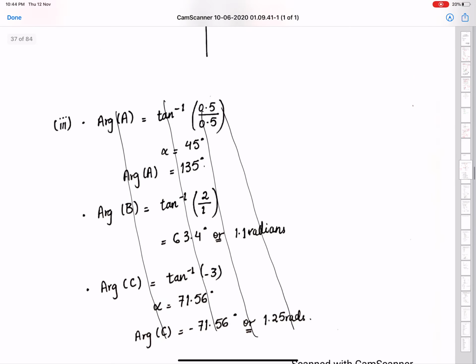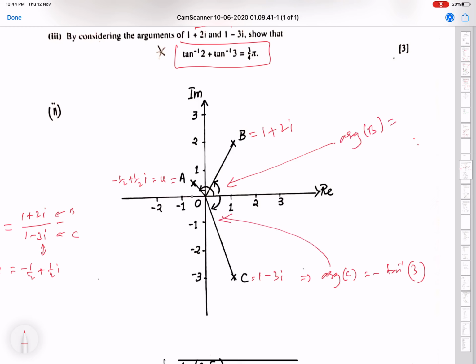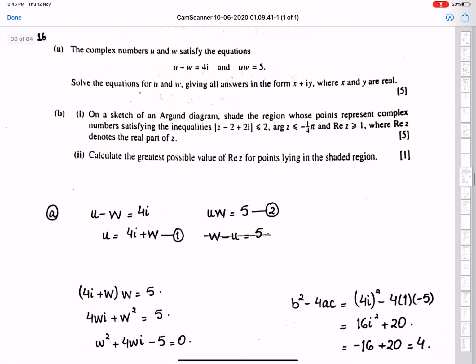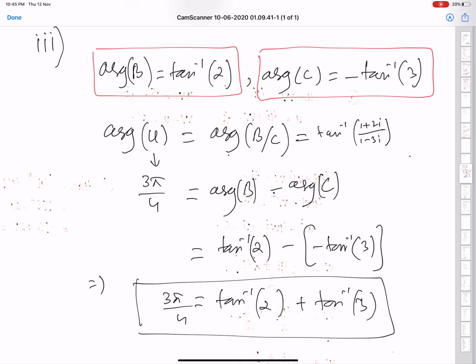Because if you observe B and C, the argument of C is negative tan inverse 3 and the argument of B is tan inverse 2. So, argument B is tan inverse 2. Argument C is minus tan inverse 3.